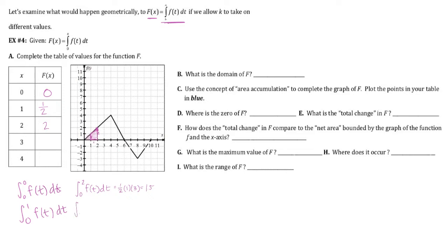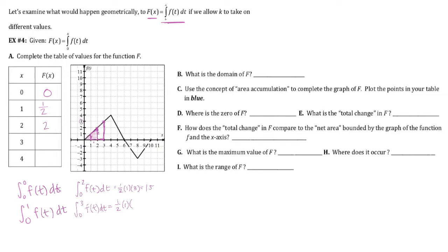So I'm going to integrate now from 0 to 3, f at t dt. Again, 1/2, our base again is 1, times the sum of our bases. We're looking at this trapezoid area right here, and notice these y values. That's what's given us our bases.